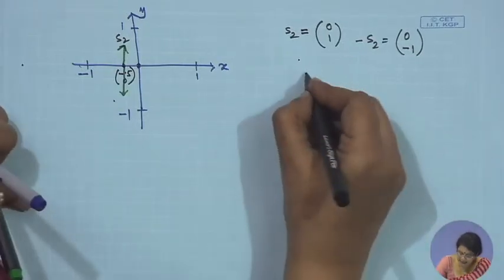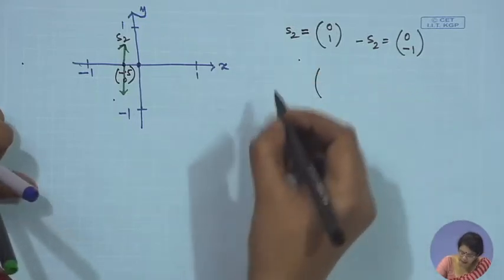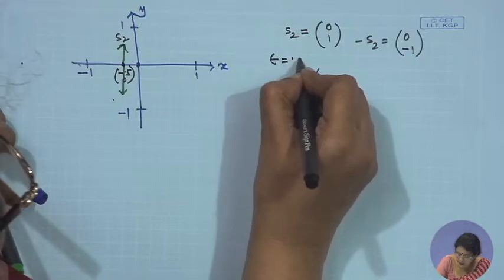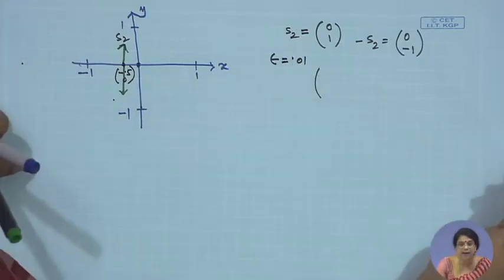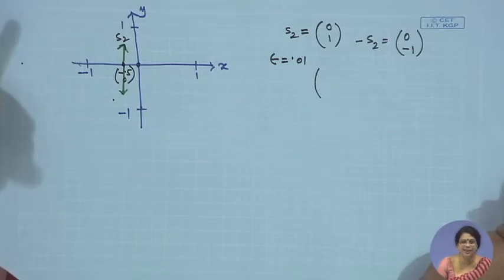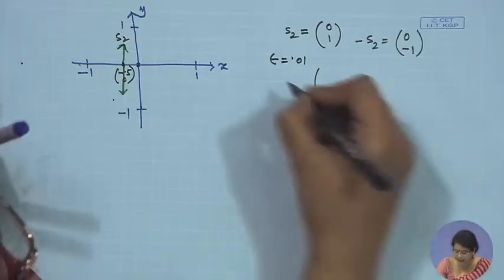We could see that if I move in this direction, that means with a small probe length, epsilon equal to 0.01 again, and again I am not doing any optimization here to find the optimum step length so that I could reach the solution very quickly.